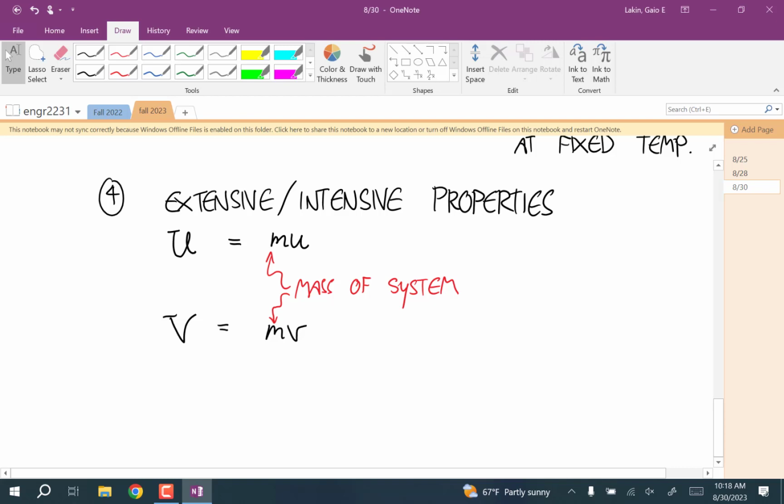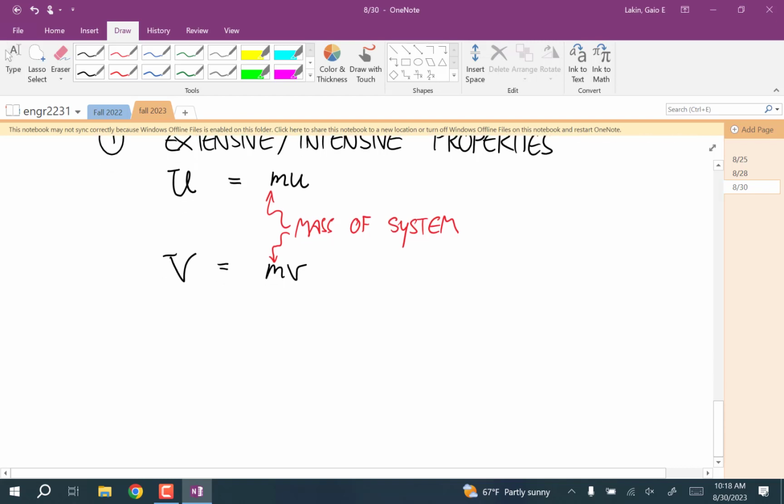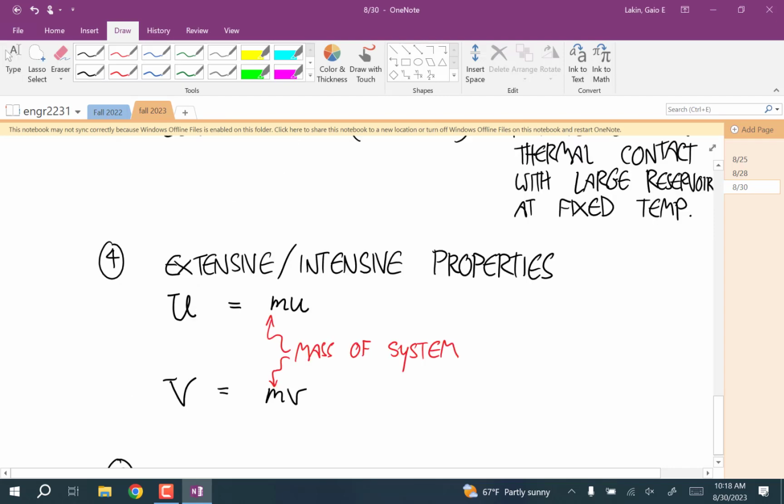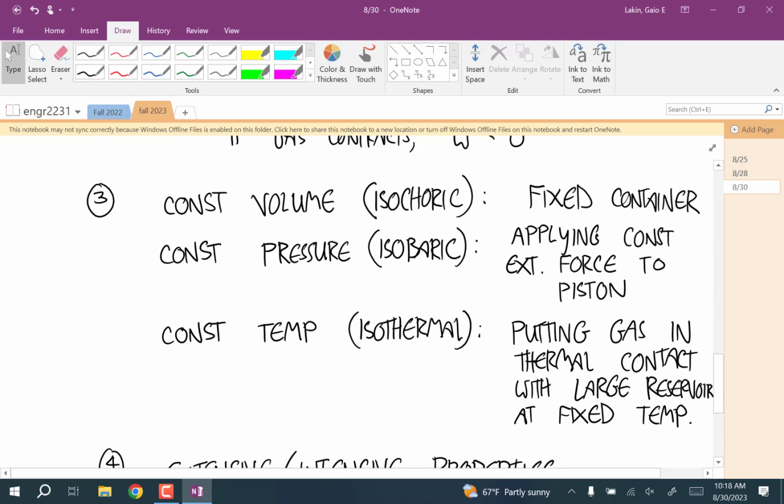Okay. The second new thing that you need to keep in mind is, so if you look at number 3, these are all the things for keeping properties constant, okay? There are also things for keeping certain types of energy transfer from happening.